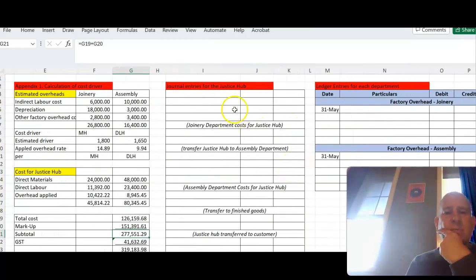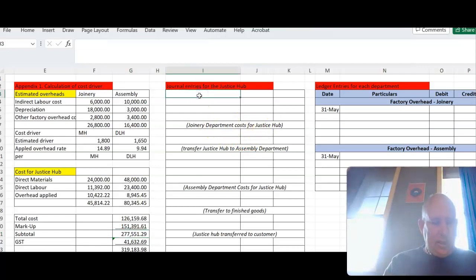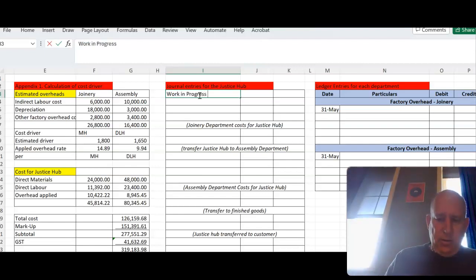The journal entries. This is the cost for the Justice Hub. So the cost for the Justice Hub, the work goes into work in progress for, I believe, the joinery department. And the cost we've got is here. It's made up of, which one?